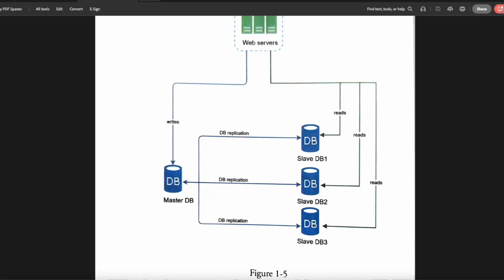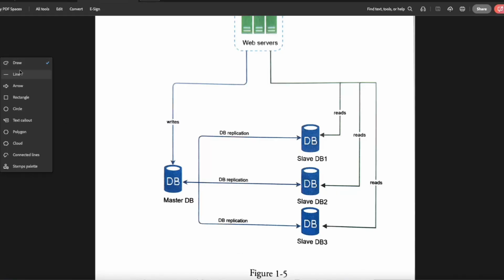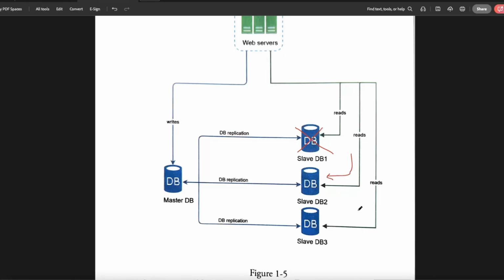When it comes to the failure scenarios, we can look into some real world scenarios. If one of the slave databases fails, reads are redirected to the other slave databases, and I will show, if this one fails, the read request will be redirected to one of these.